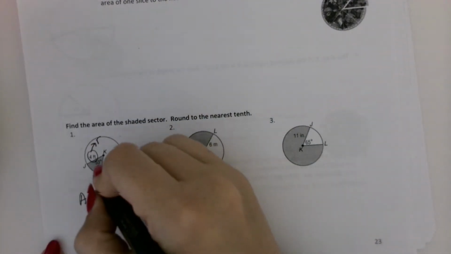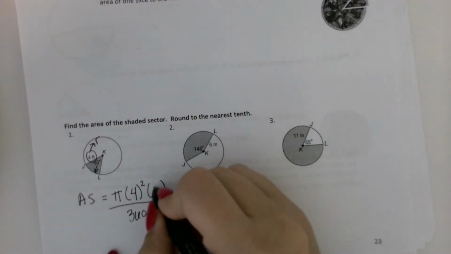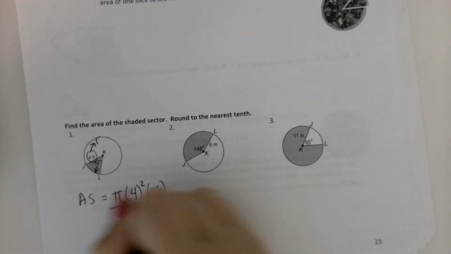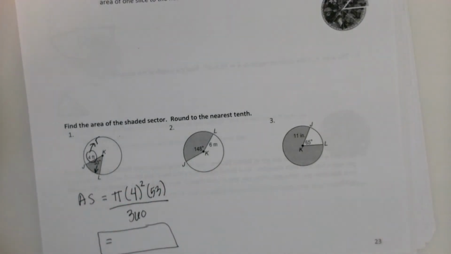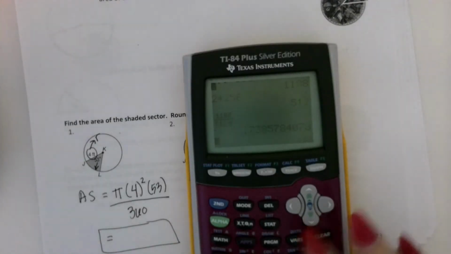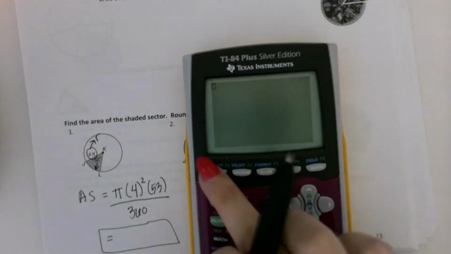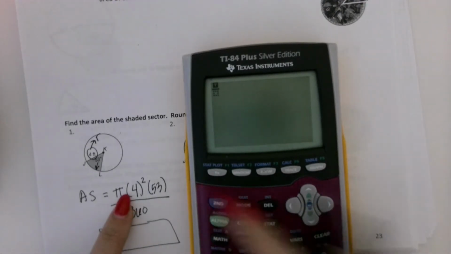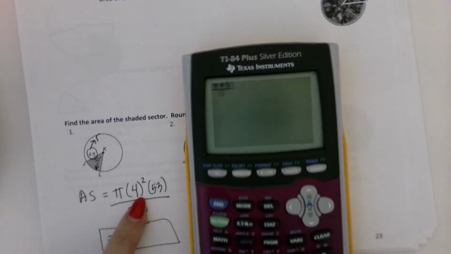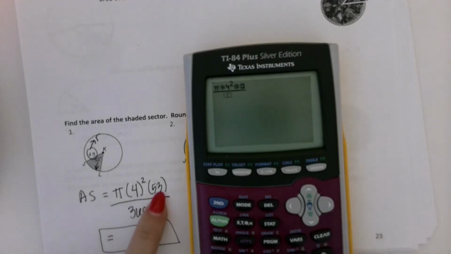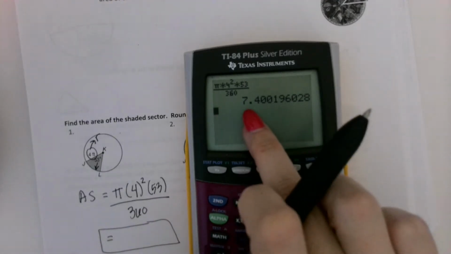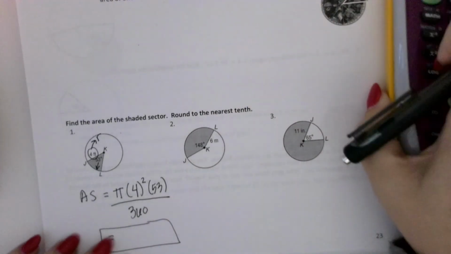Now 53 is in the shaded region, so we are going to use 53, plug that into our calculators, round, that's our answer. So just like before, we're going to use our fraction button, alpha y equals, we get pi times 4 squared times 53 all over 360, and we get 7.40.